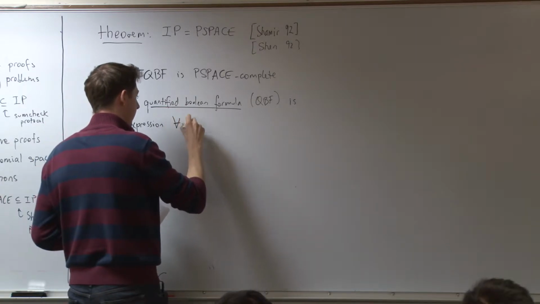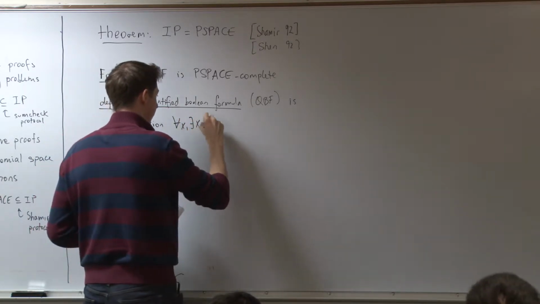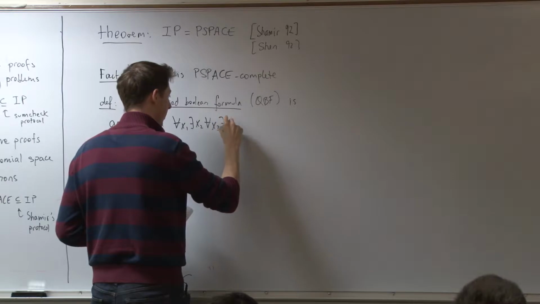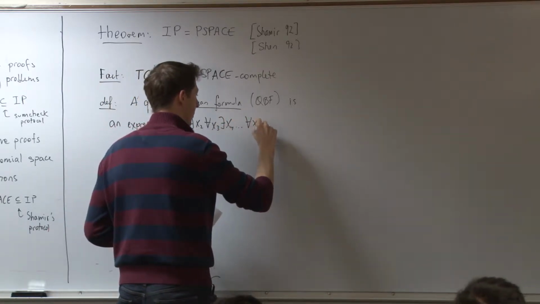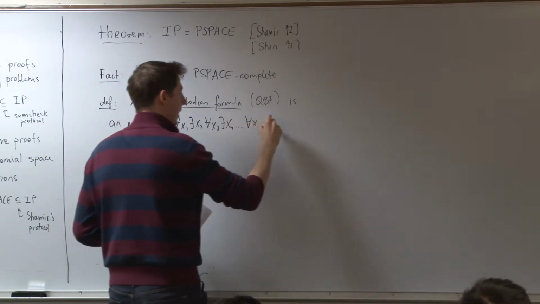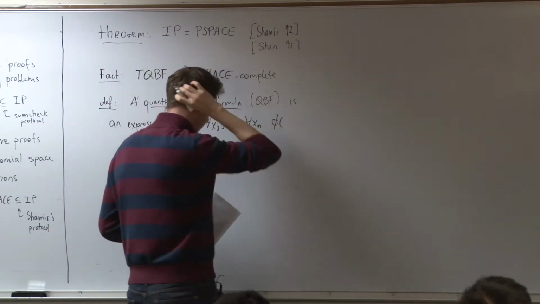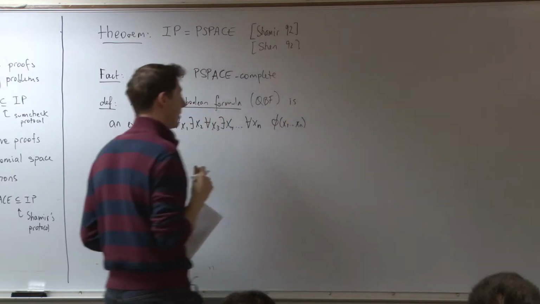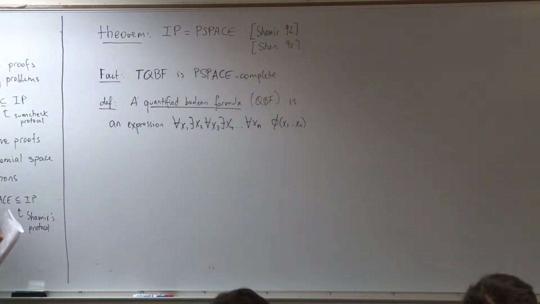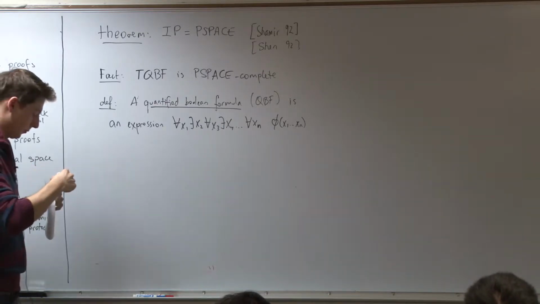For every x1, there exists x2, such that for every x3, there exists x4, and so on and so forth. At some point, you run out of variables, and you say, maybe for every xn. And then you put after that some Boolean formula on x1 through xn.